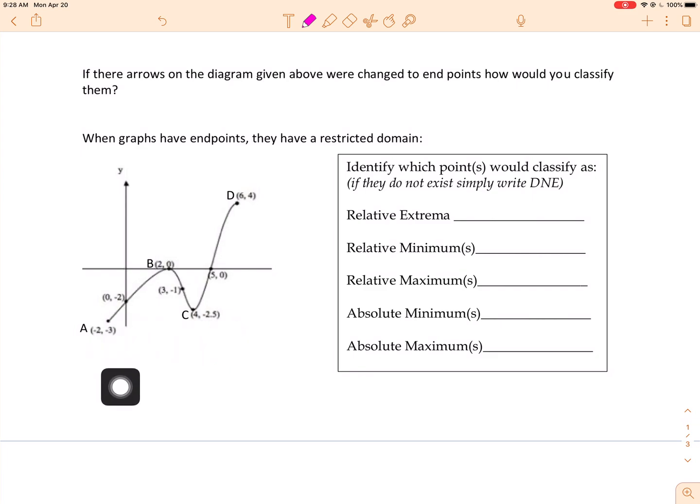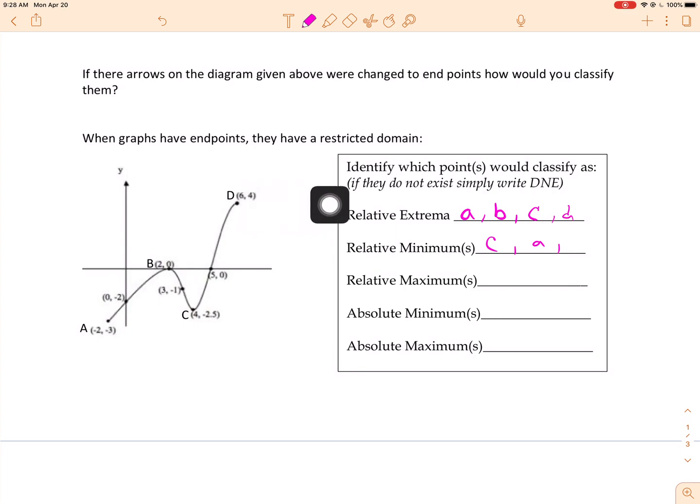So let's see. A is the lowest point. B is a turning point. C, and D is the highest point too. Minimums, we got C, we got A. Now it's interesting, is A a relative extrema?